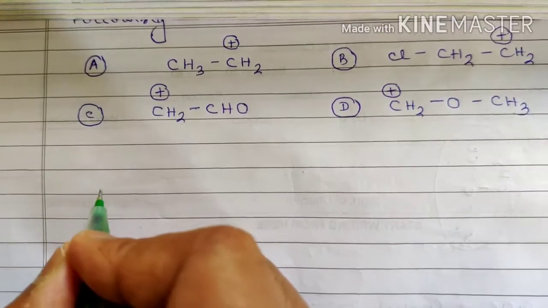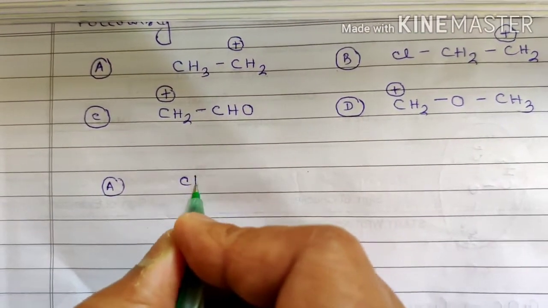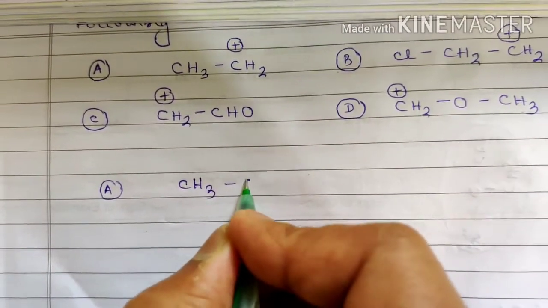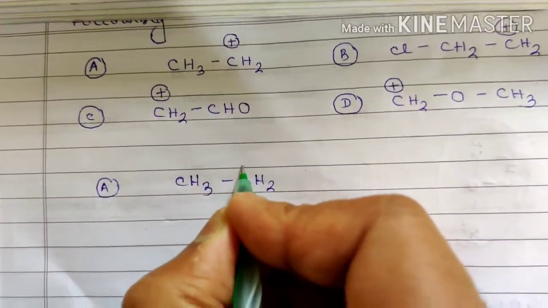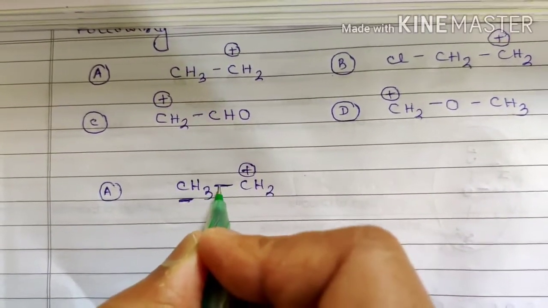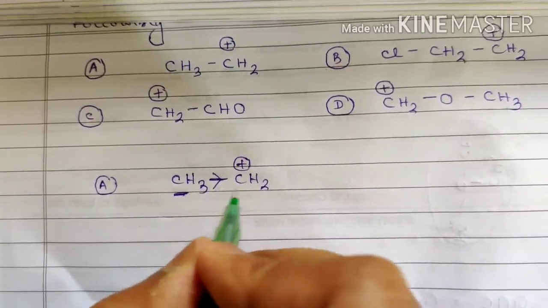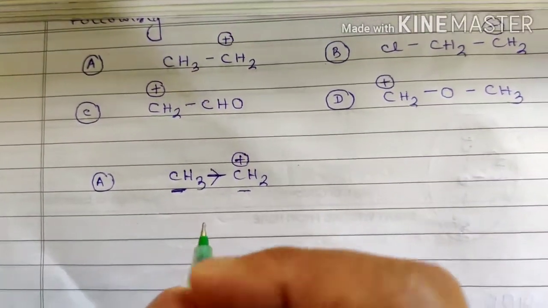Let us take the first option, option A. Here CH3 bond CH2, and here is the plus charge. Of course the CH3 group is having the plus I effect. With the help of this plus I effect, it can push the electrons towards this plus charge.